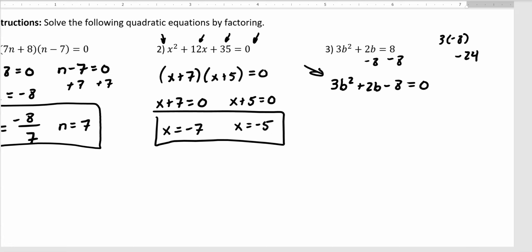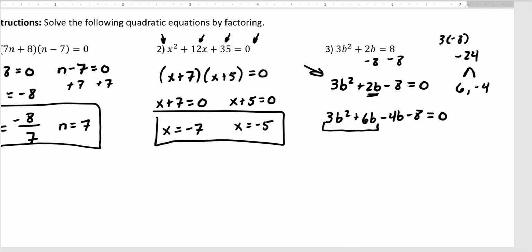I need factors of negative 24 that add to 2. That would be positive 6 and negative 4, right? So I'd say 3b squared plus 6b minus 4b minus 8 equals 0.